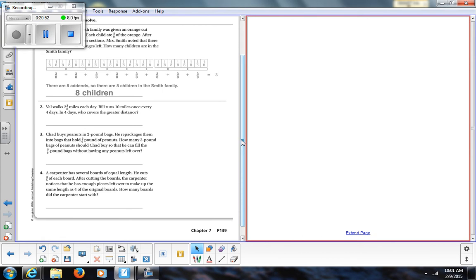All right, so we know Bill goes how many miles in 4 days? 10. Okay, so do we have to figure anything out for Bill? No, but we do need to figure out for Val.